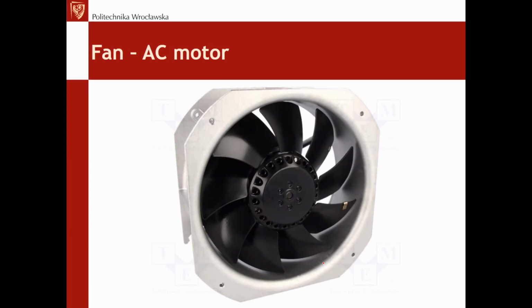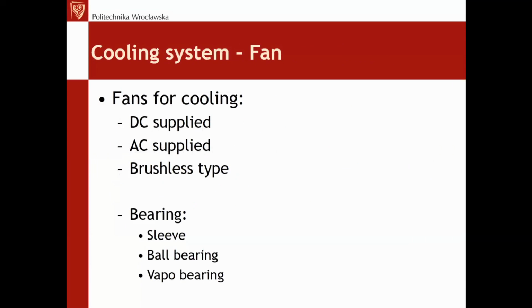There is of course the sleeve bearing, and the standard ball bearing is stronger than the sleeve one. Vapor seems the best one, very much like a magnetic bearing. They are slightly better mechanically, but frankly, from the practical point of view, we are much more interested in this.